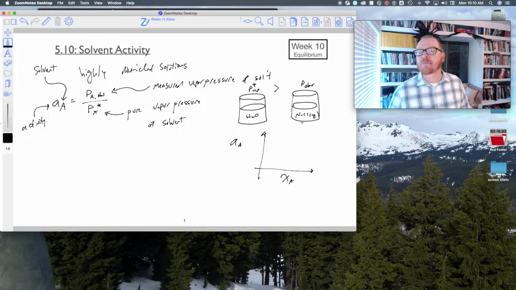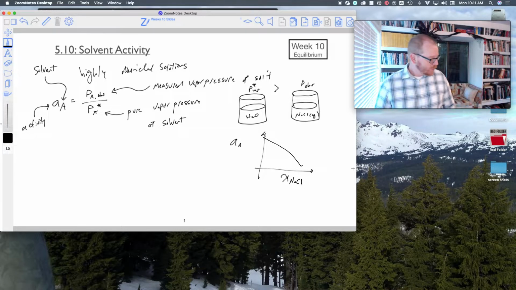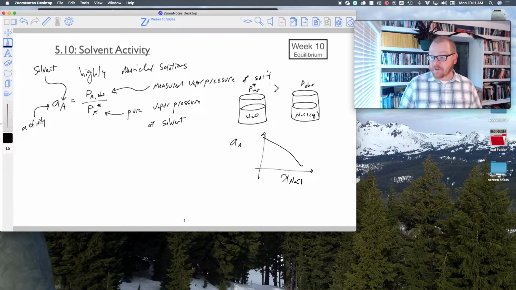I could write it in terms of activity of the solvent, but I'll write it in terms of the mole fraction of the solute, right? As we add more sodium chloride, the vapor pressure decreases, so we'd see something like that, okay? Generally activity doesn't have to be for vapor pressure, so it's a general measurement.